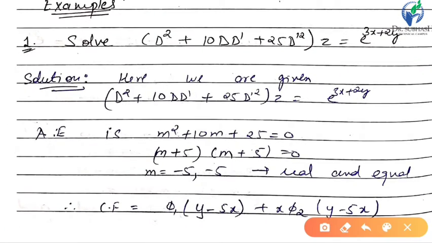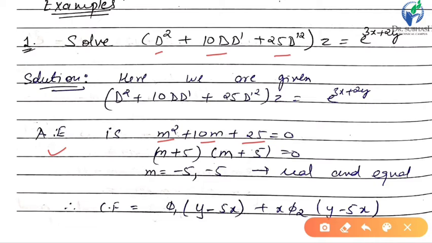First example: solve (D squared plus 10 D D dash plus 25 D dash squared) z equal to e raised to 3x plus 2y. First we will write the auxiliary equation: m squared plus 10m plus 25 equal to 0. We have already discussed this in my previous video, so you can refer to it.